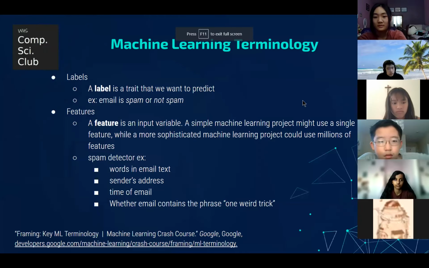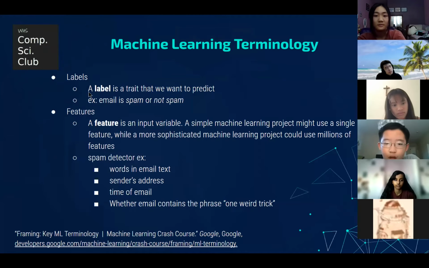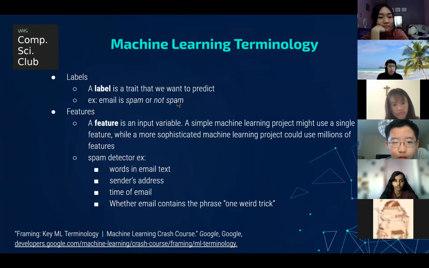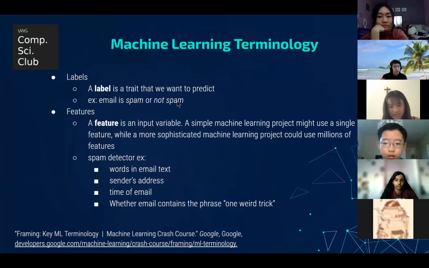And then now we'll look at some machine learning terminology. So when someone mentions a label, that's a trait or a category that we want to predict. We're going to use this example of email and spam or not spam. In your inbox, you'll notice that you have a spam folder, and inside it there's probably a bunch of messages that you haven't read, like advertisements, actual scams, stuff like that.